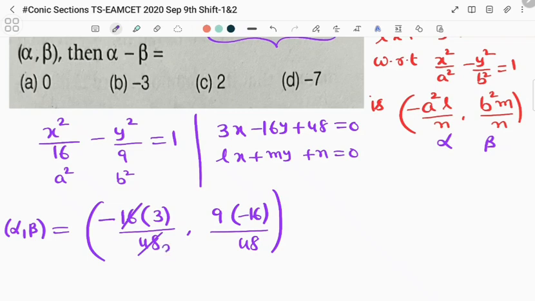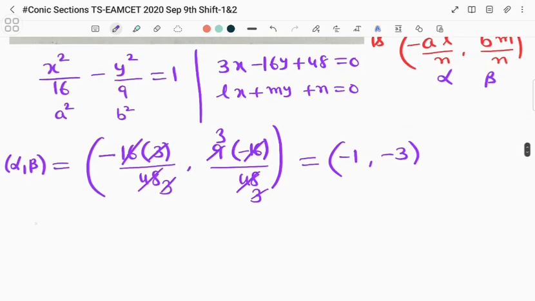16 1s, 16 3s. Here 3 gets cancelled. 16 1s, 16 3s, 3 3s are. So minus 1 will come. Minus 3 will come, dear students. So by equating, alpha comma beta is equal to minus 1 comma minus 3.